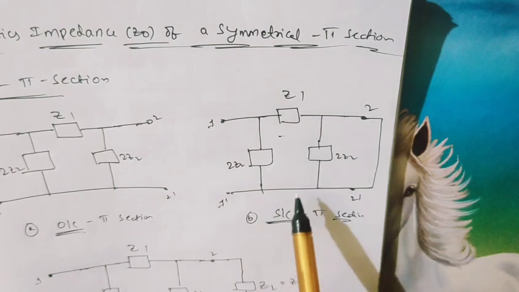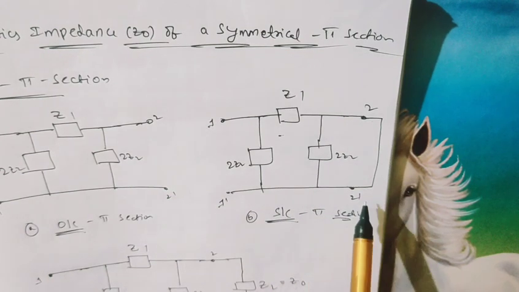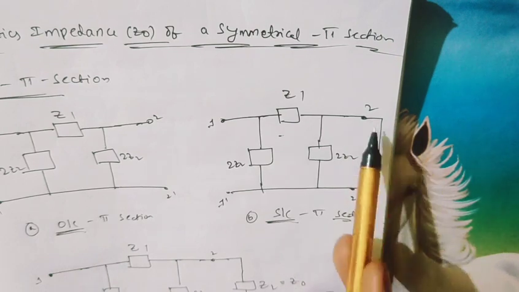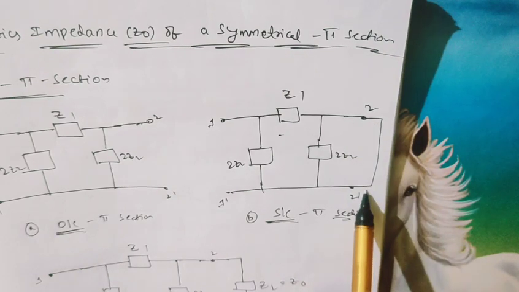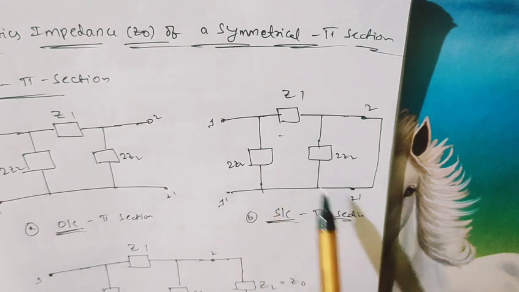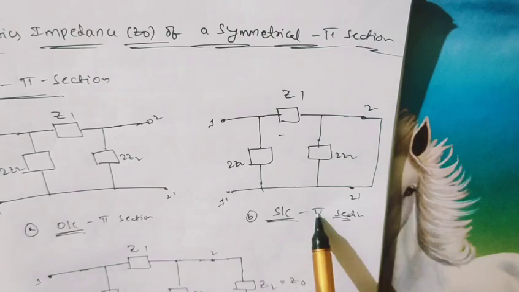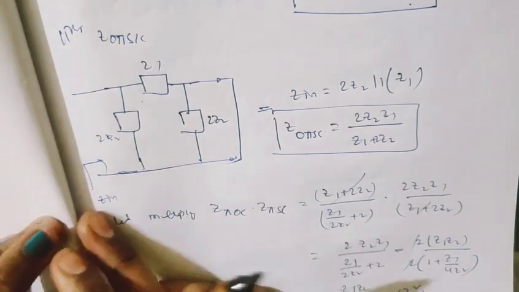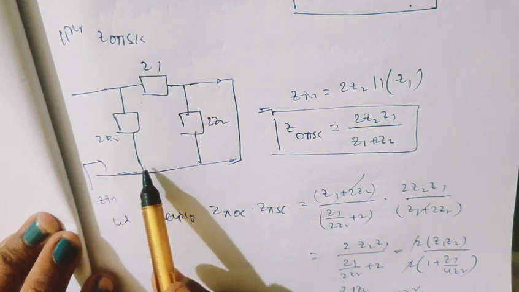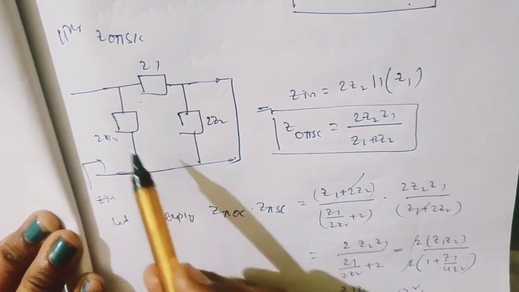Similarly, now we consider the short circuited symmetrical pi section. Here we simply short the second port 2-2 dash. Now we calculate the total impedance presented across the short circuited section.